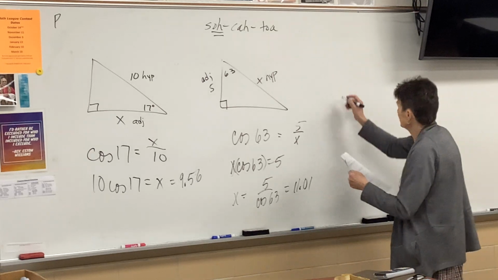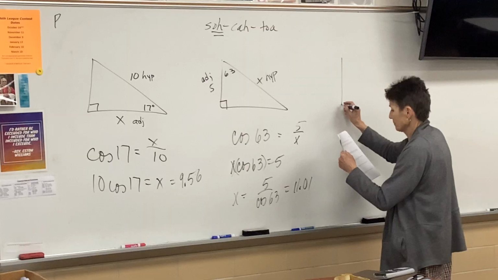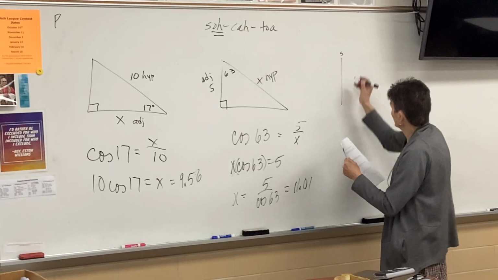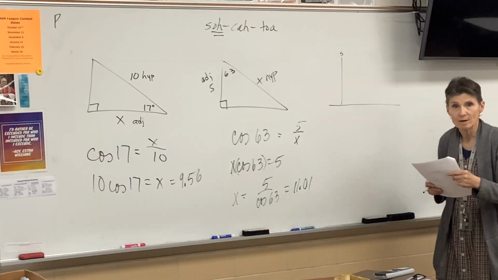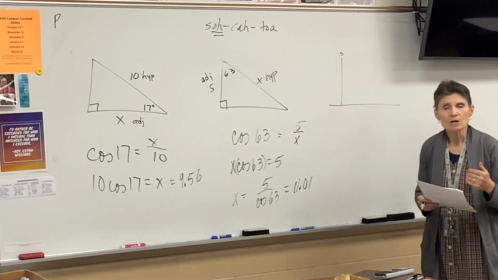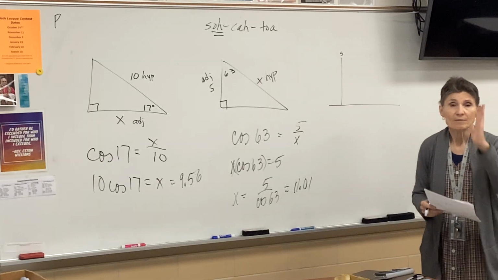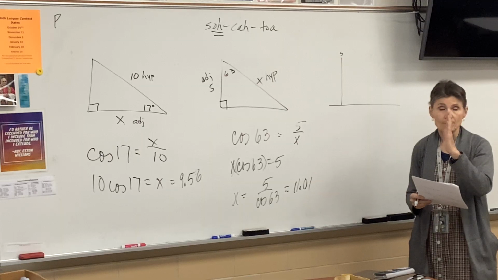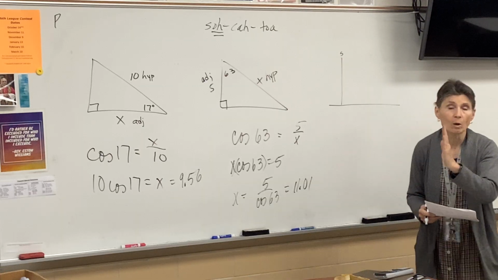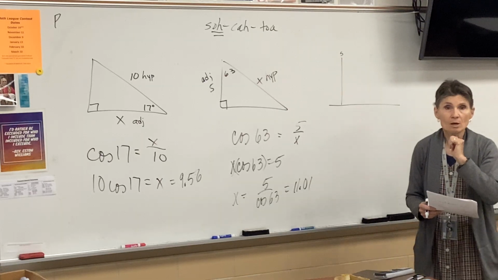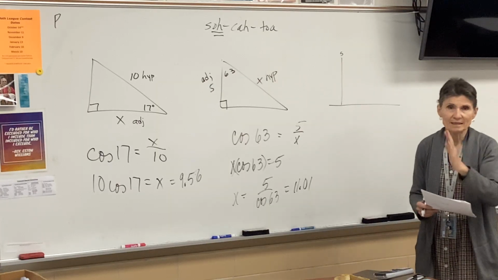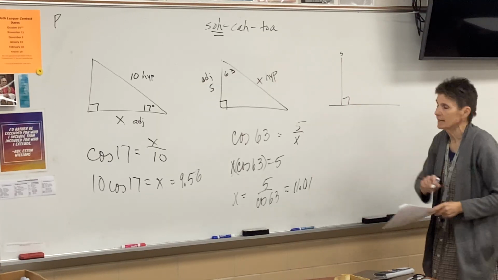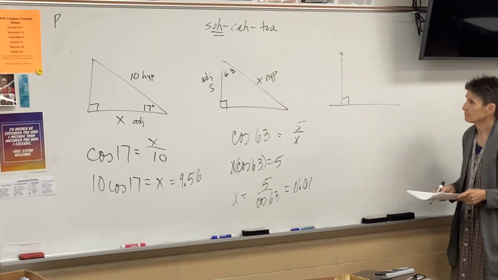So we've got a tree, and we've got a squirrel in the top of the tree. Here's the ground. The tree is standing straight up. When we do these, we assume that the tree is standing straight up, or the pole is standing straight up, or the cliff is standing straight up. We just make that assumption that we've got a handy-dandy right angle.